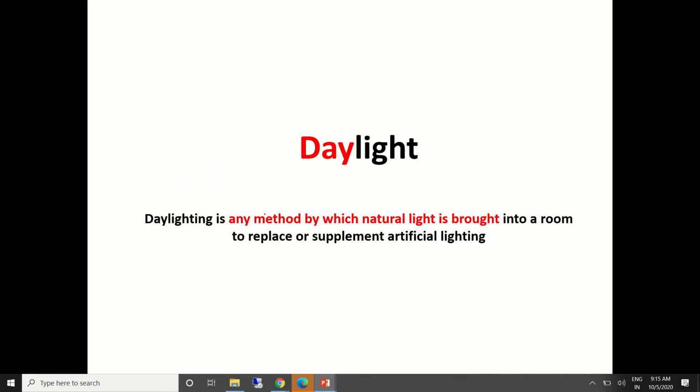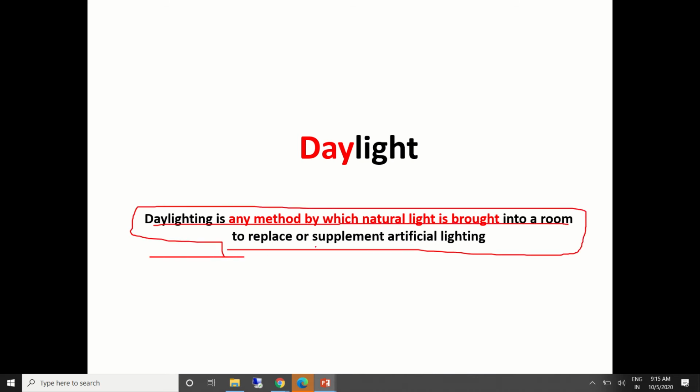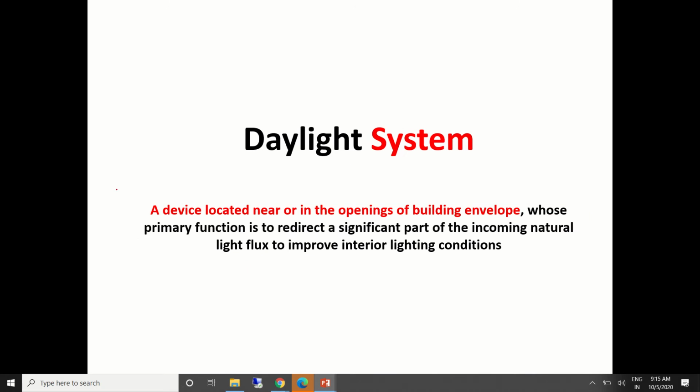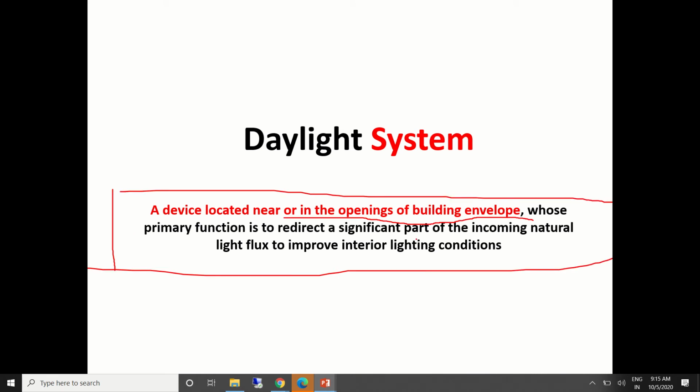Terminologies. Daylighting is any method by which natural light is brought into the building to replace or supplement artificial lighting. We have seen this. And a daylight system is a device located near or in the building envelope whose primary function is to redirect a significant part of incoming natural light flux to improve the daylight interior lighting conditions.